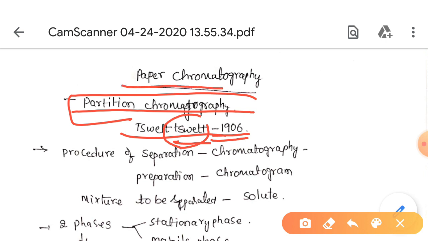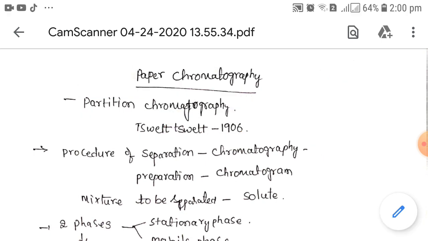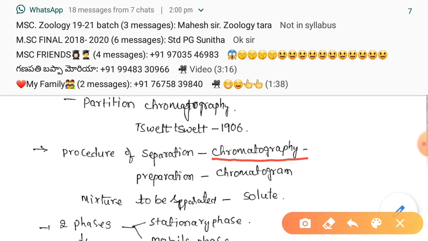Paper chromatography is used to separate amino acids.